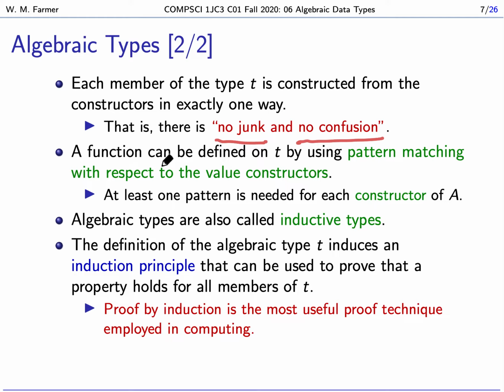And the reason for this is in computing, we use inductive types all the time. Inductive types, or what they're called in Haskell, algebraic types. Each of these types has an induction principle. We use the induction principle to prove statements about the members of these types.